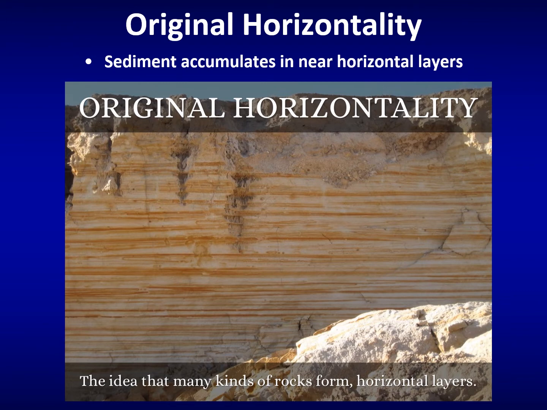Sediment accumulates in near horizontal layers, so when we see a set of rock layers, they should be pretty horizontal. If they're not, we note that something else may have happened after they were laid down. This is called the law of original horizontality, one of our common sense principles to help us read the rocks accurately.